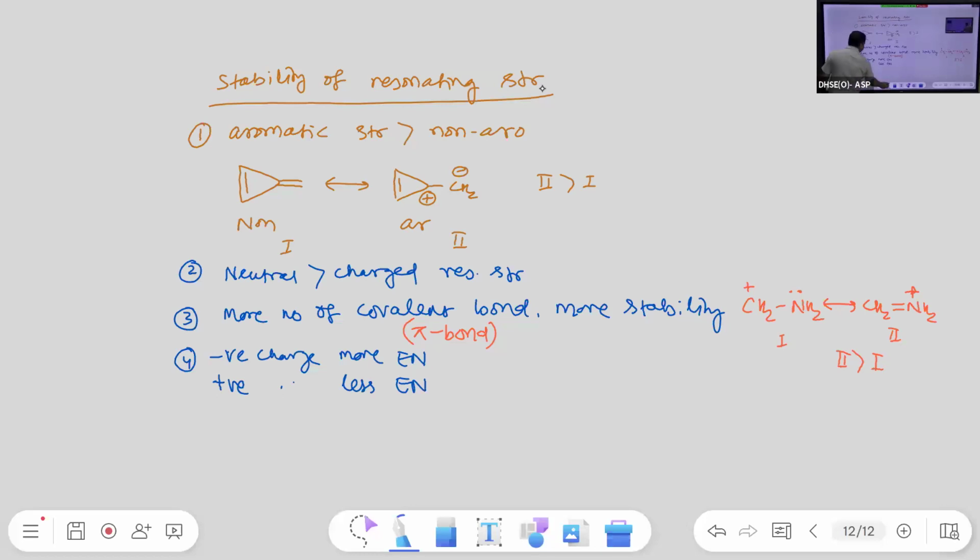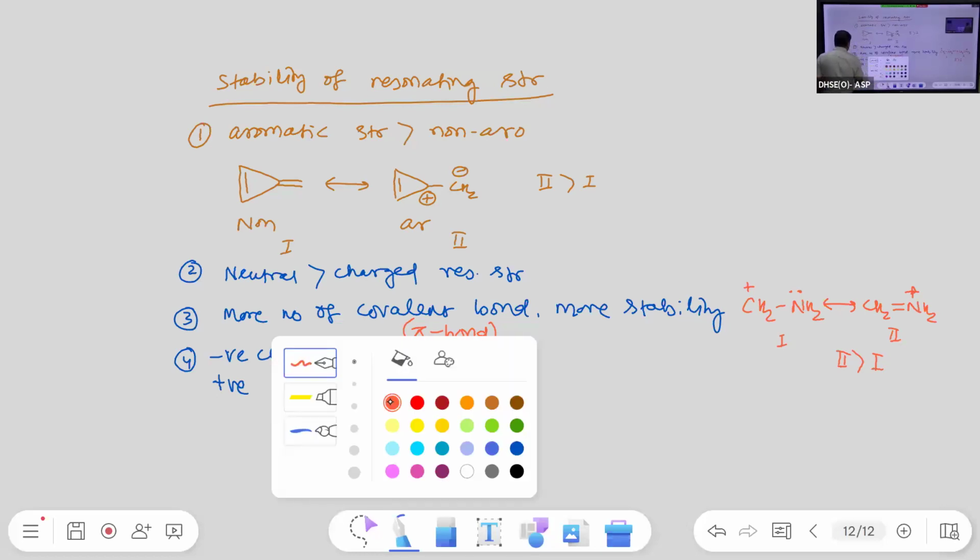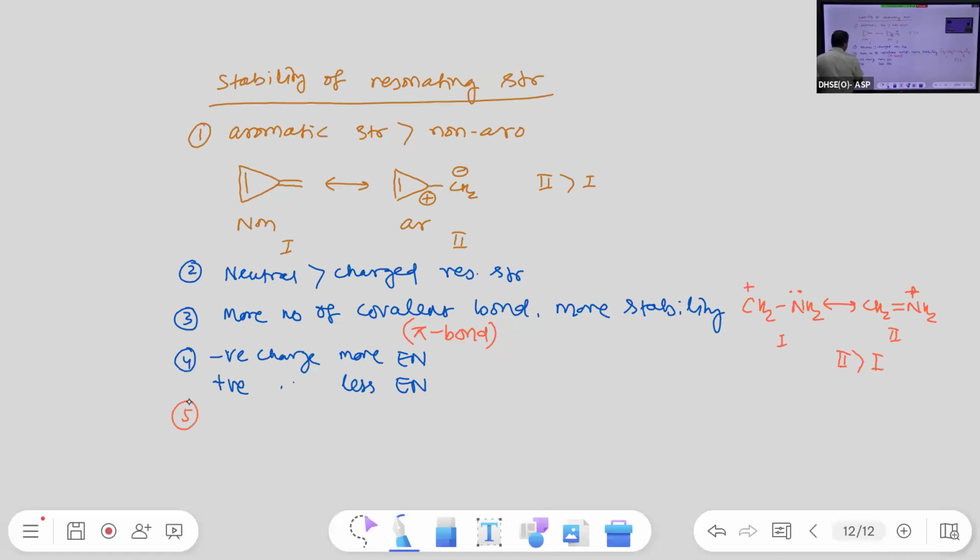And the last one is, we know like charges repel each other and unlike charges attract each other.